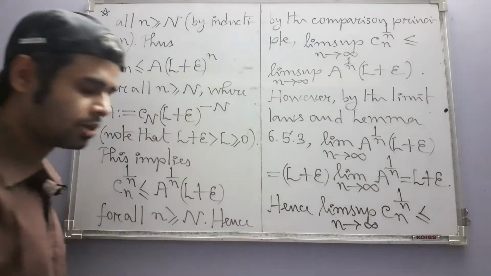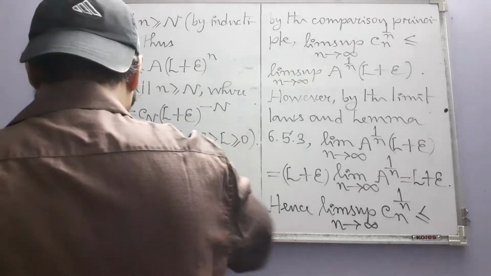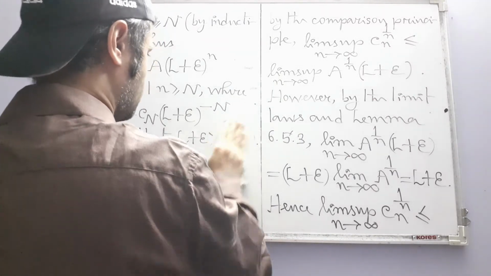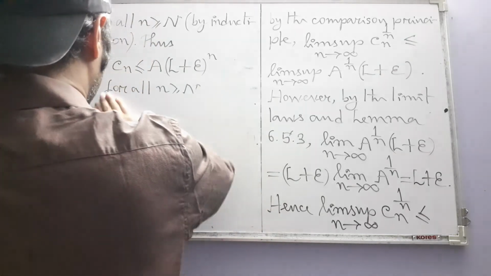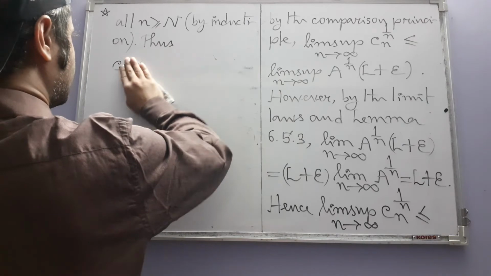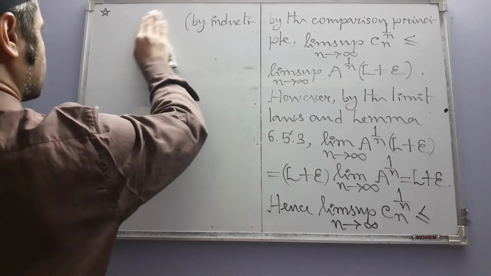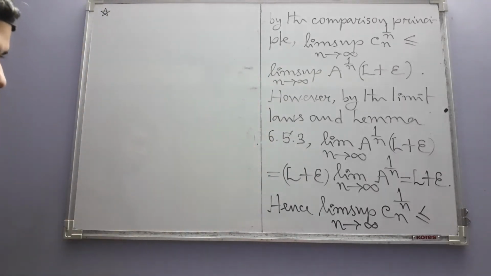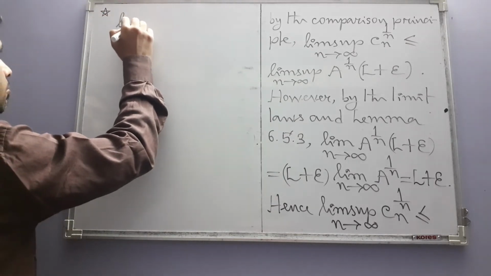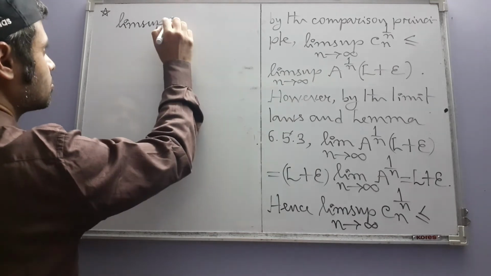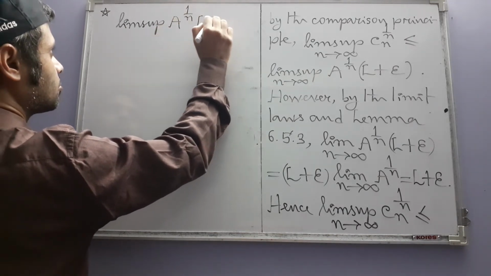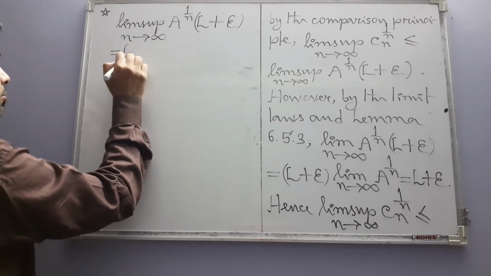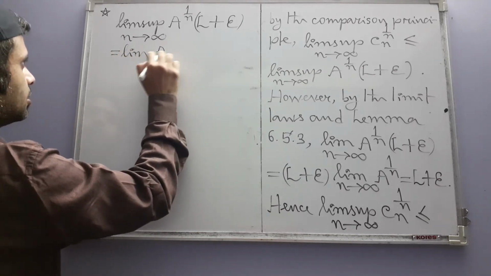This is less than or equal to this, however, is equal to its limit because it's a convergent sequence.